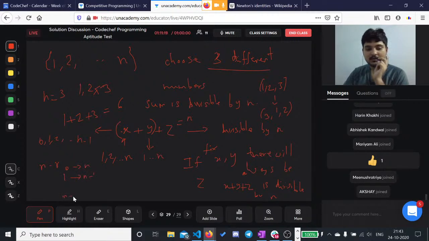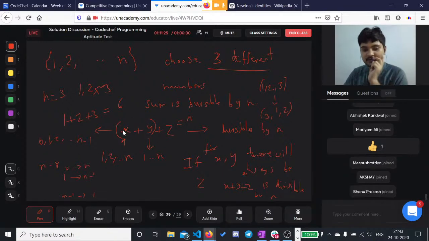If it's n minus 1, then you can choose 1. So let's say you're free to choose the first two values. The third value, there will be exactly one value amongst 1 to n that makes x plus y plus z divisible by n. So did everyone understand that? Put a thumbs up if you understood that.